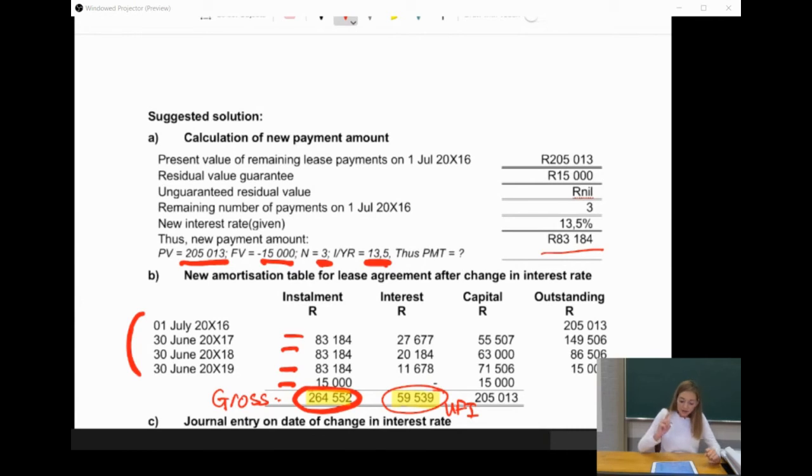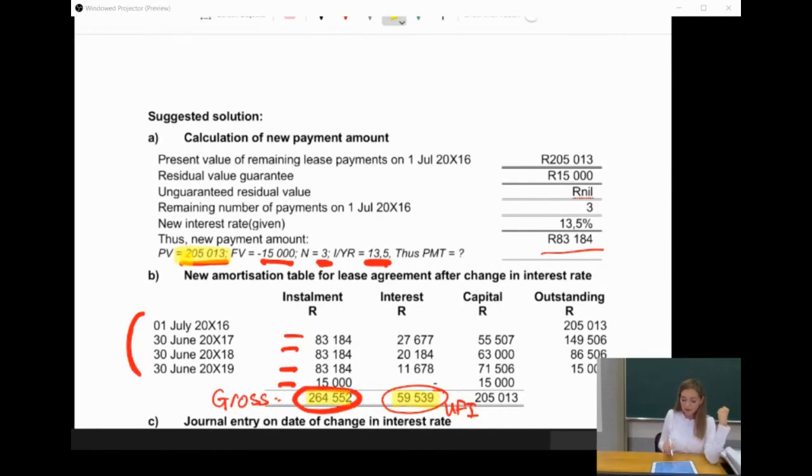But you will now see that when we fix our gross investment in the lease total and our unearned finance income total, the amount that we fix it with will be the same. So therefore the total net investment does not change. This stays our total net investment balance on the date of the change.